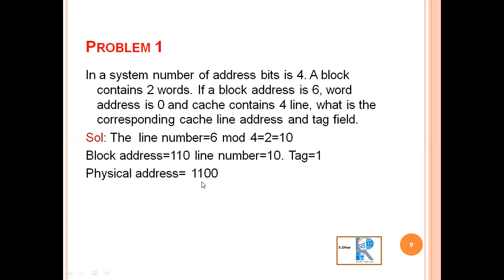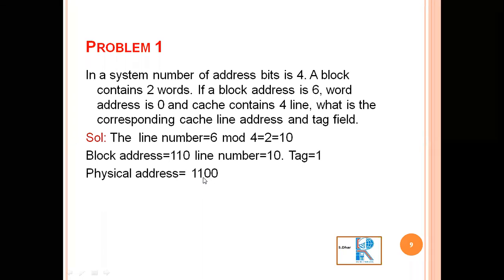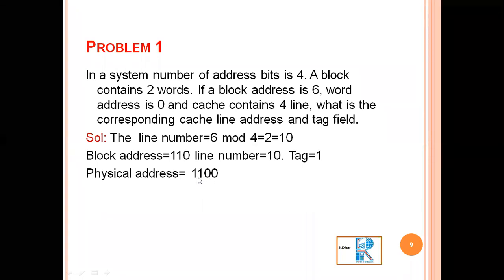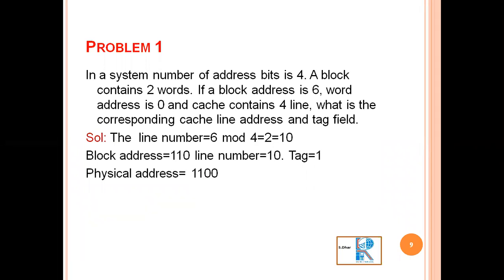So what is the advantage? Advantage is the speed of the mapping is the highest because we directly know what is the address of the line and we go at that line and then we check the tag field. Clear? You don't have to go through the whole tag data. We particularly go to the particular address of the tag field.